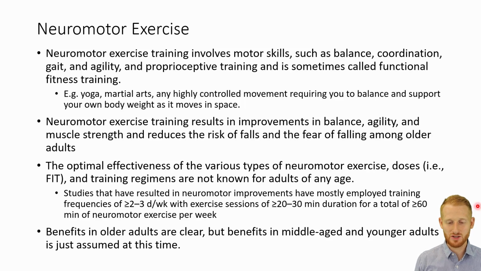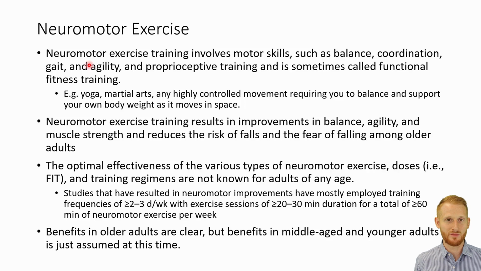So think of things like yoga, think of the martial arts, think of a gymnast. They're very good at knowing where their body is and contorting their body at will, and that's because they've trained their body to have a very good sense of kinesthesia, which is where your body is in space, and also they've trained their neuromotor system so that they can contract muscles exactly as they want.